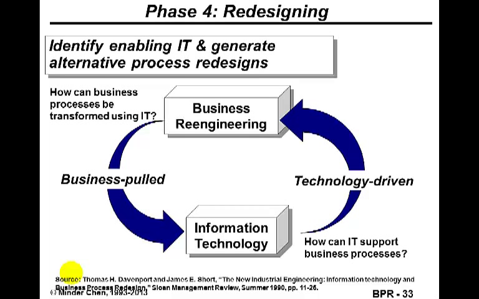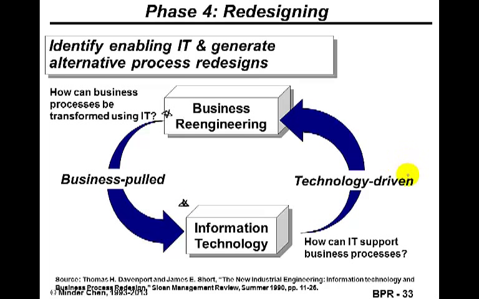In the redesign phase, there's two ways to think about how IT may come to play within the reengineering project. One way is to truly understand your business and business need, and then identify what information technology can be used.